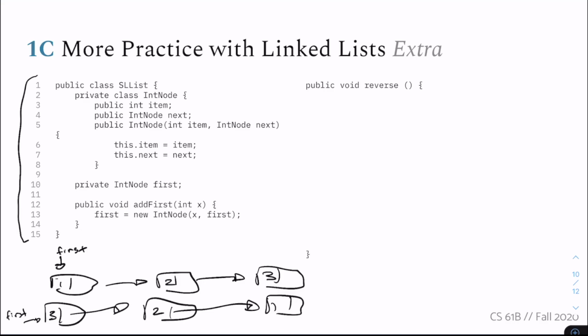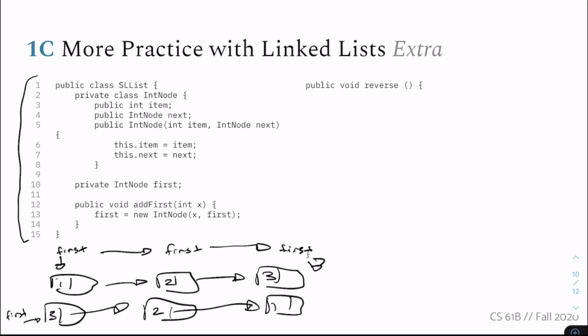So we're going to want first to traverse this linked list over the course of the iterations. So let's say we have first, and then we move it down, and first moves down here, and eventually points here. Great, that's what we want to happen for first.